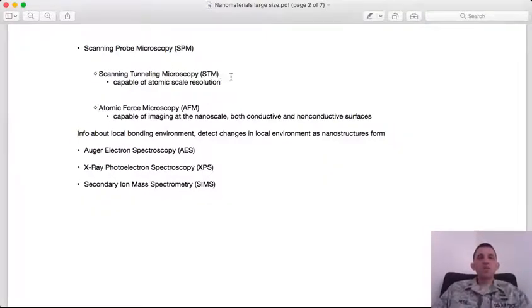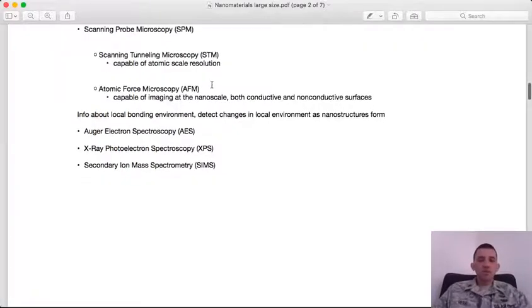With scanning tunneling microscopy, what you're looking at is a tunneling current: a small current flows through your tip into your surface, and the amount of that current is very sensitive. It depends on the local density of states of the surface, which changes as the atoms are moving. As the tip is scanned over different atoms, the tunneling current is going to change. So you can image that surface on the atomic scale, and of course, if you can do the atomic scale, then you can do the nanoscale as well.